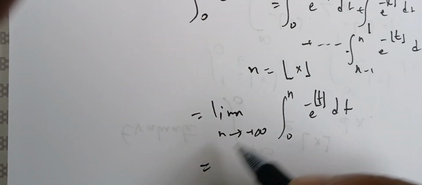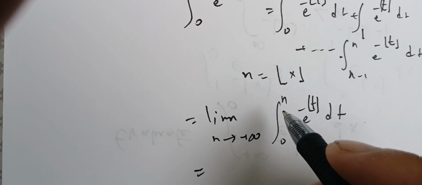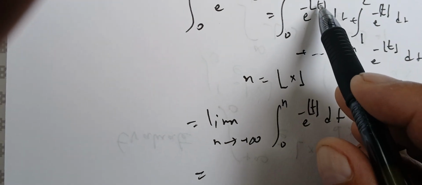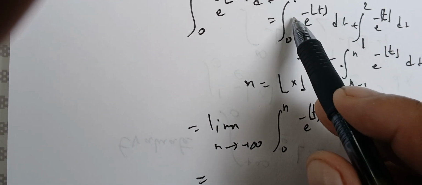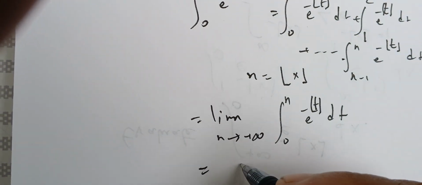And using this sum, we see that we can compute this one easily. Here this is just 0 because the floor of t between 0 and 1 is 0 and e to 0 is 1. So we have 1.